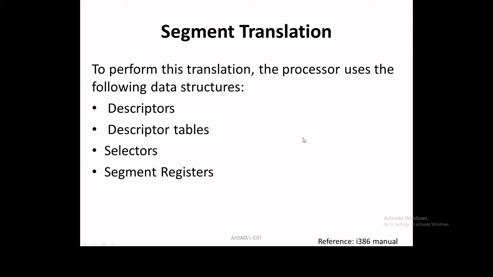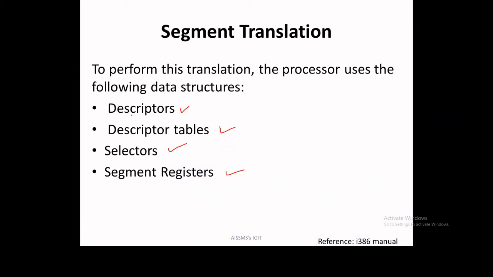In this translation, the processor uses a number of data structures. The first data structure used in segment translation is descriptors, then descriptor tables, then selectors and segment registers.